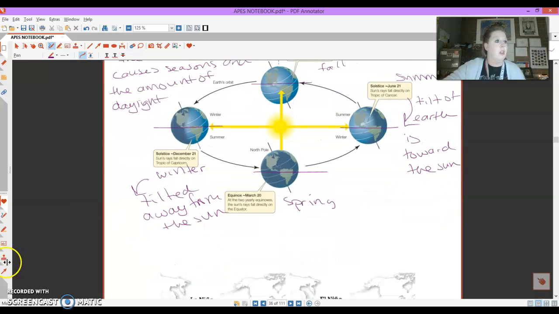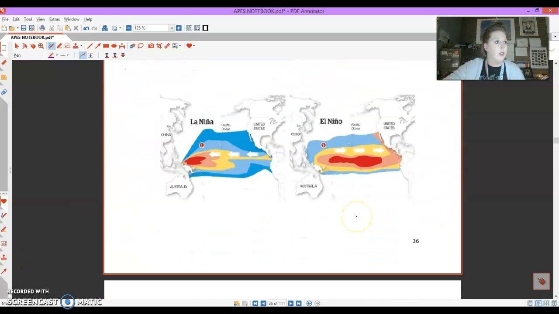Okay? All right. So the last thing I want to look at with you is what we call El Nino. So we have El Nino and then we have its cousin La Nina. So basically this describes how the temperature in the ocean impacts the weather each year.